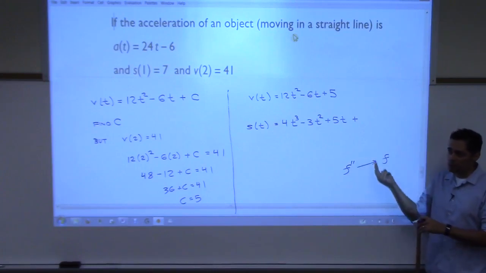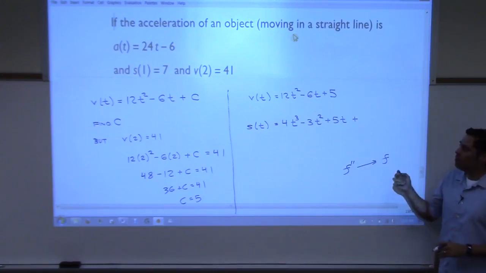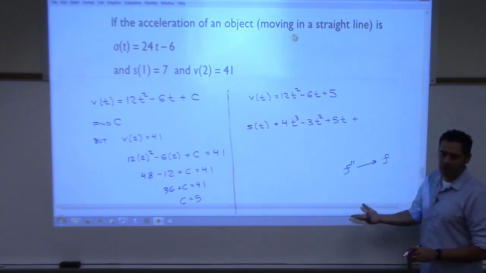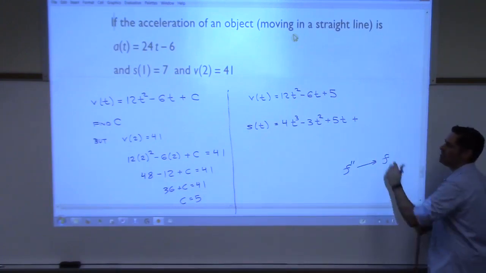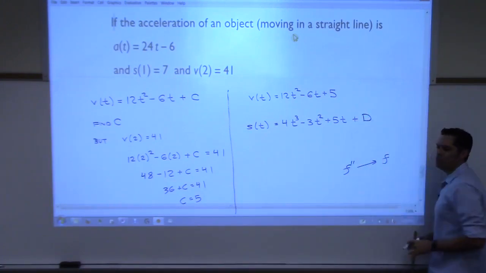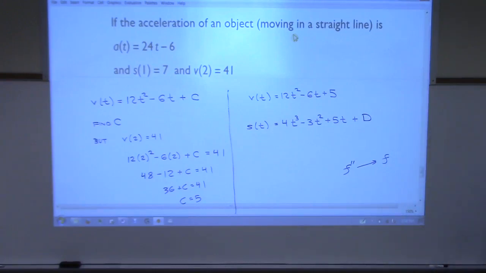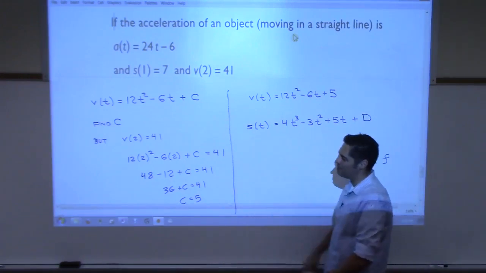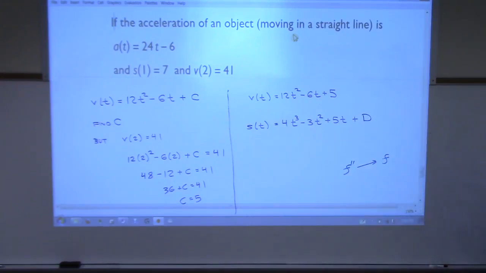So if you're ever going to go 2 steps of antiderivatives, I recommend on the first step use plus c, and on the second antiderivative use plus d, capital D. That's usually the rule of thumb that we use. And that's just so we don't confuse the c. If we call this c and that c, then you're saying c is 2 different things, and it can be a mess. Is that all right?